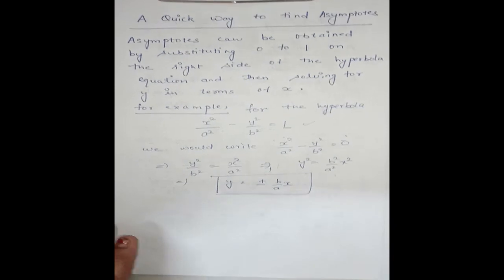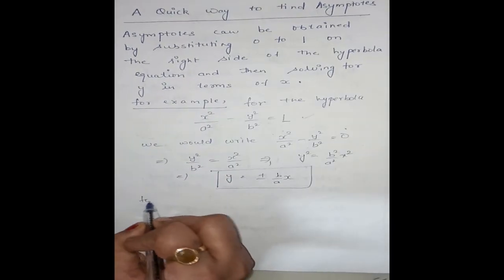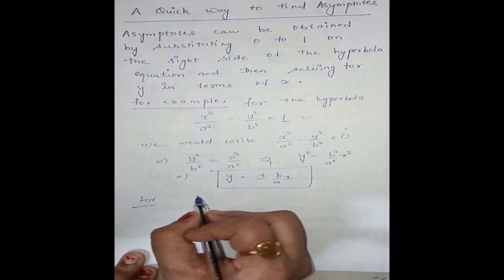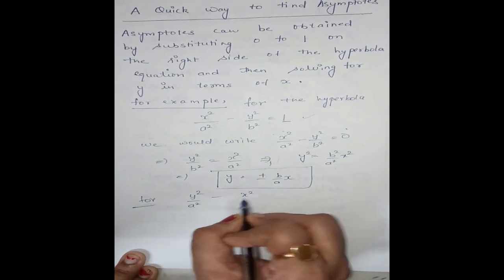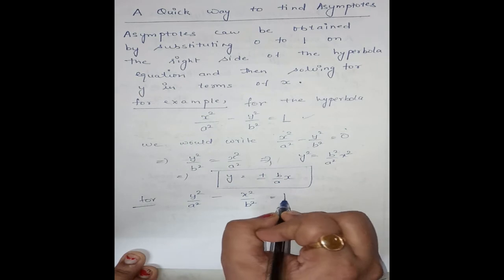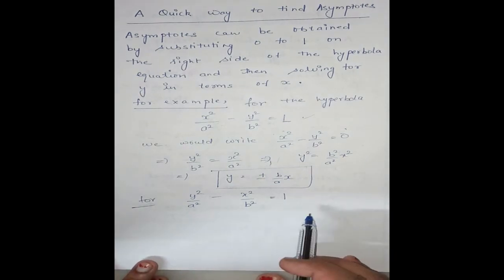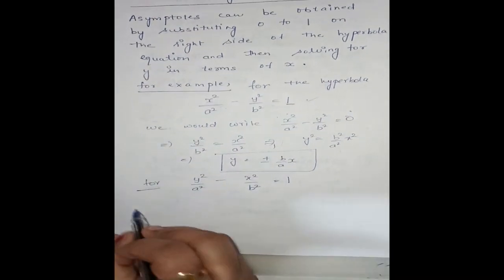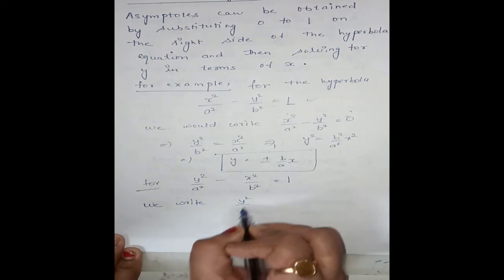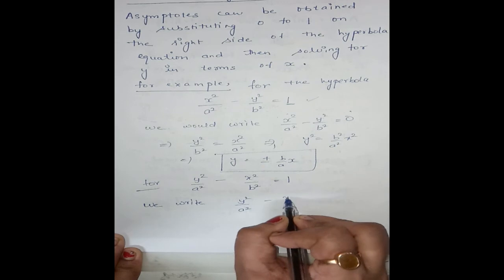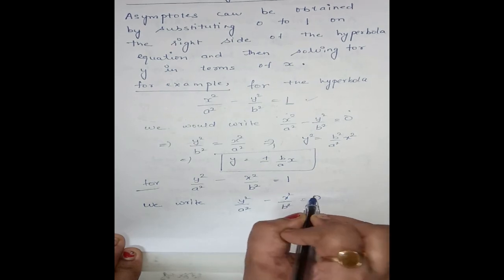Okay, in the case when we have y square by a square minus x square by b square is equal to 1, where the focal axis is along the y-axis, we write y square by a square minus x square by b square is equal to 0.